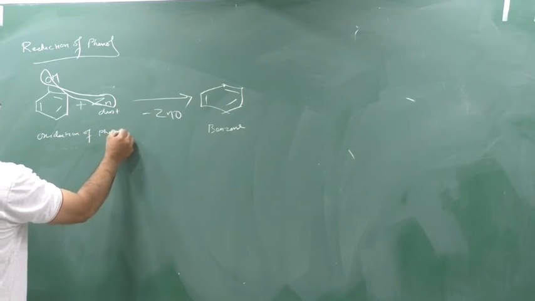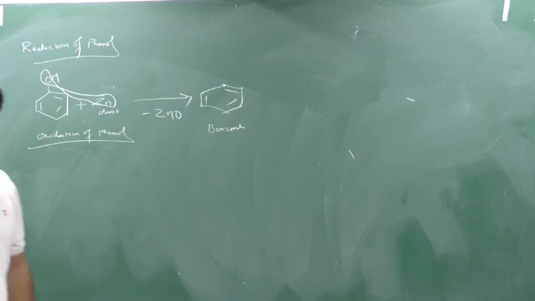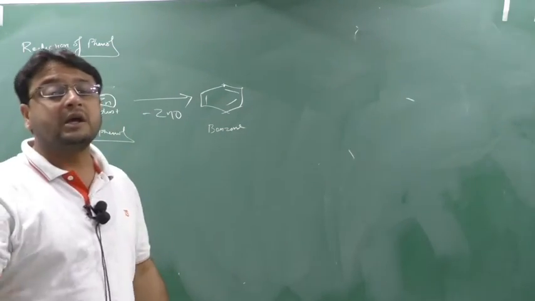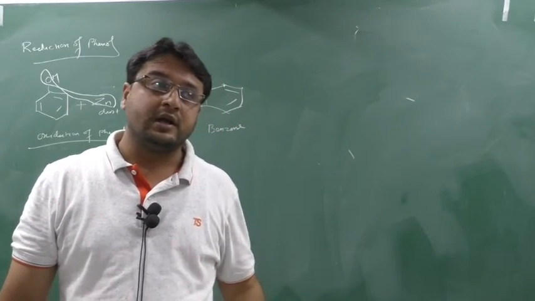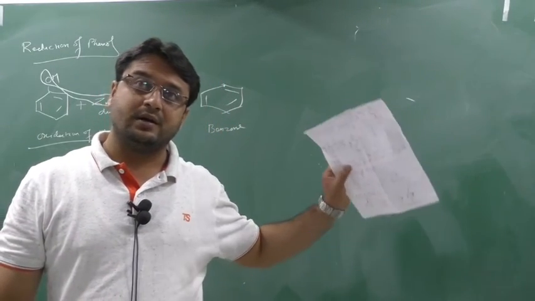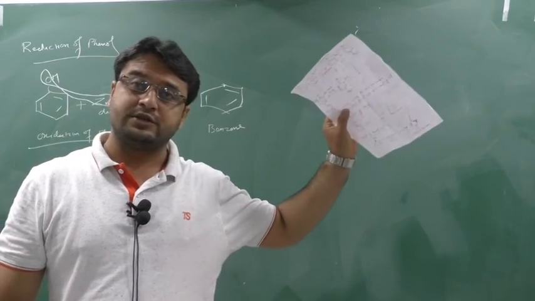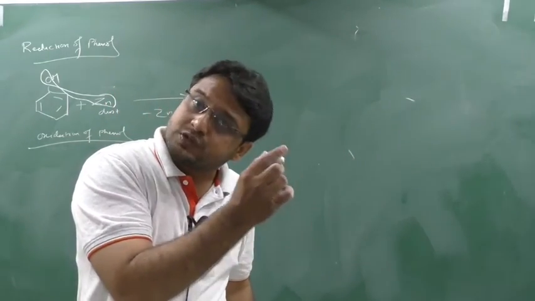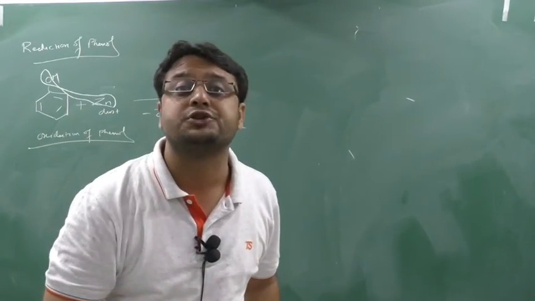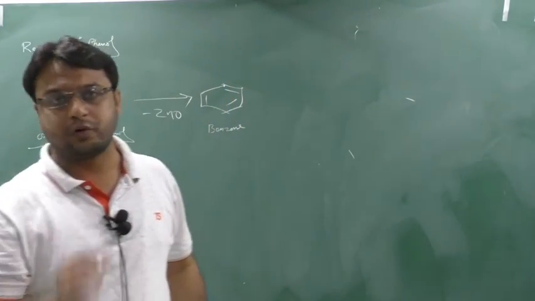Next we will see oxidation of phenol. Oxidation of alcohol we have done, no? Na2Cr2O7, H2CrO4. One thing I forgot to tell you. In oxidation of alcohol we took one reagent, Na2Cr2O7 and H2SO4. From that we generated H2CrO4, dichromic acid. That Na2Cr2O7 plus H2SO4 is known as Jones reagent. Please remember, I forgot to tell you.